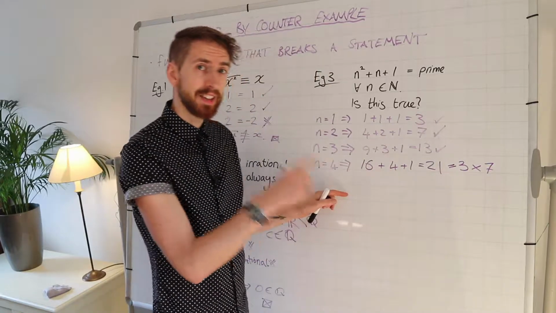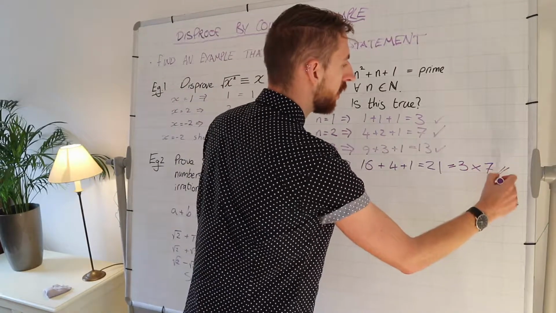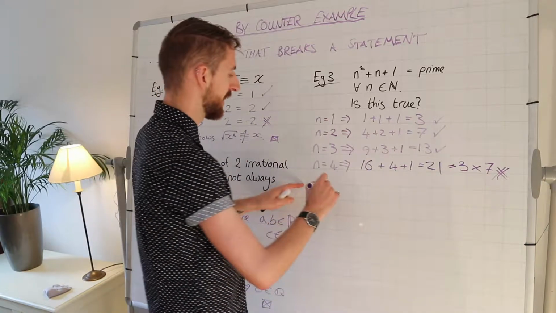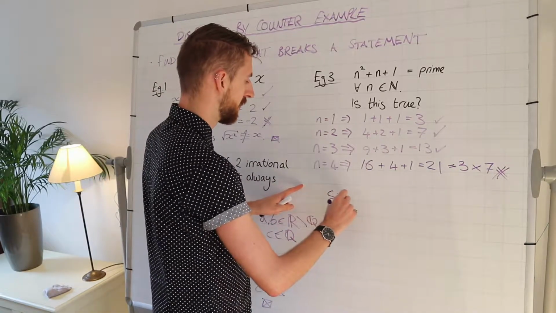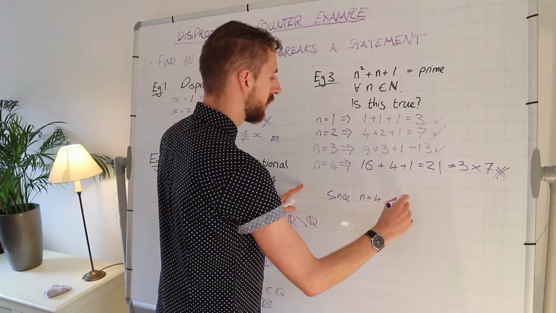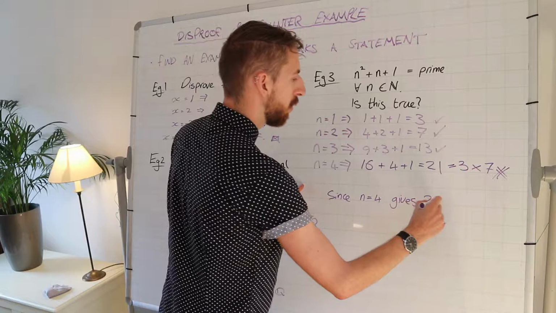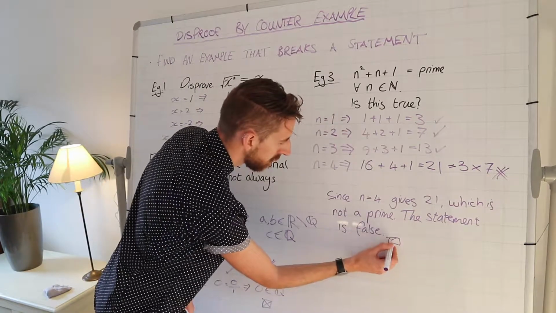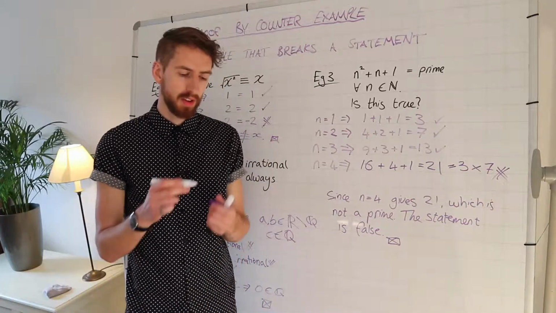So this is a contradiction. This is not a prime. So again, do your little sentence to summarise. Since n equals 4 gives 21, end of proof. That is it.